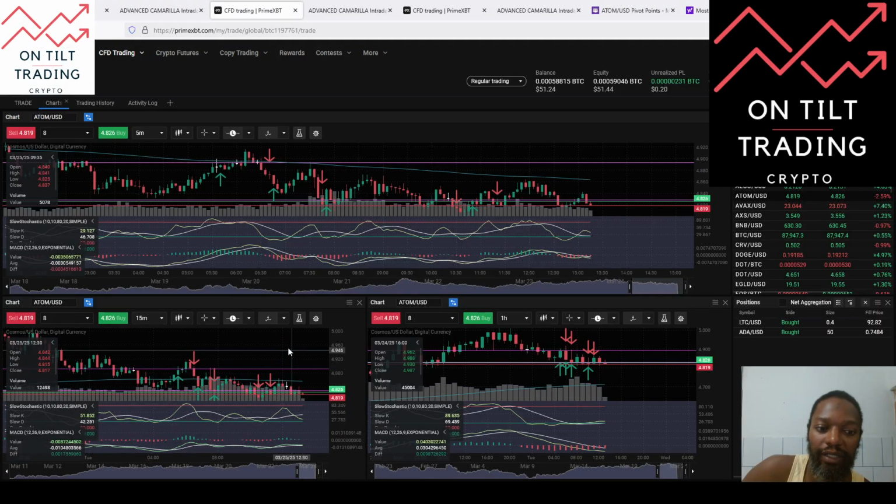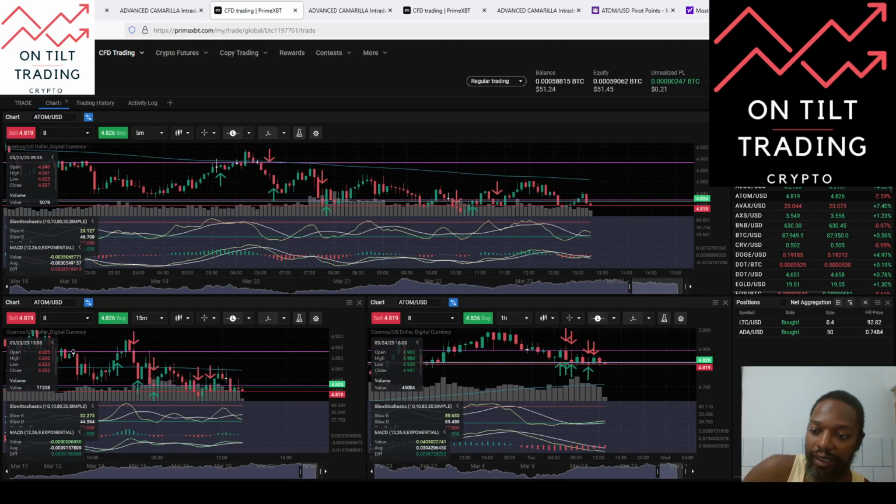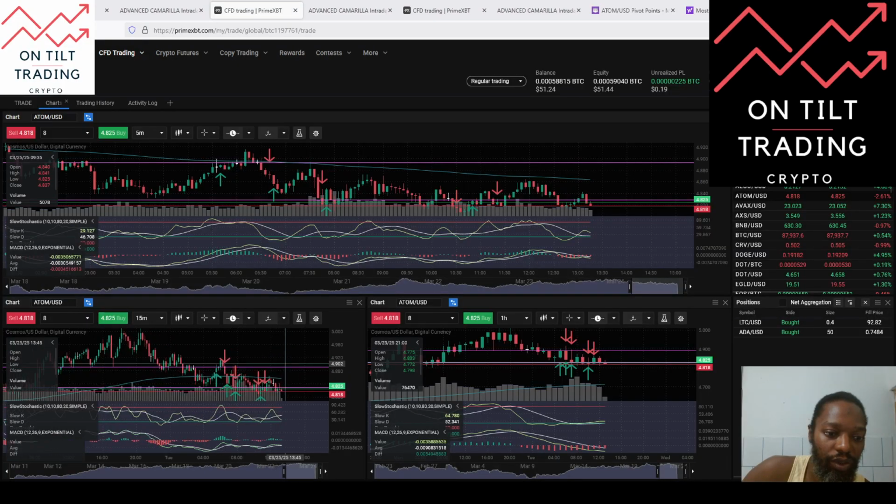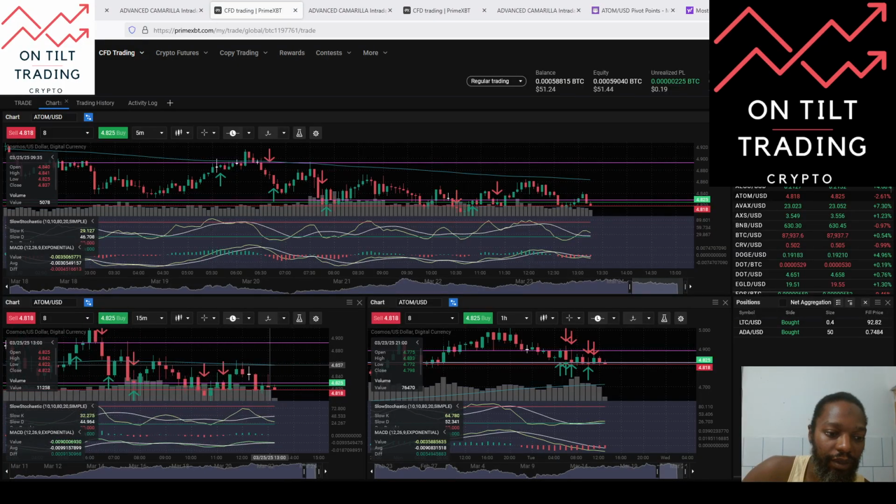I know psychologically I get in the habit of just really trying to trade whatever I'm trying to trade and not focusing on the technicals of what I'm seeing. So here, from this position, I stop out in this candle. Then I take another position here at this low.